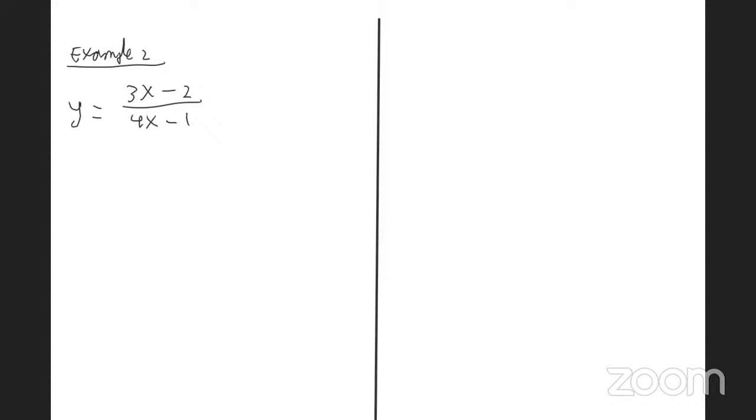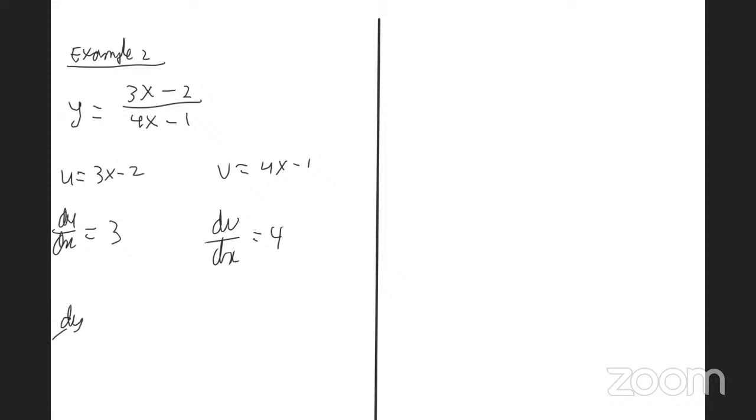So that'll be what? So u is equal to 3x minus 2 and v is equal to 4x minus 1. So du dx is 3, dv dx is 4. That's okay?